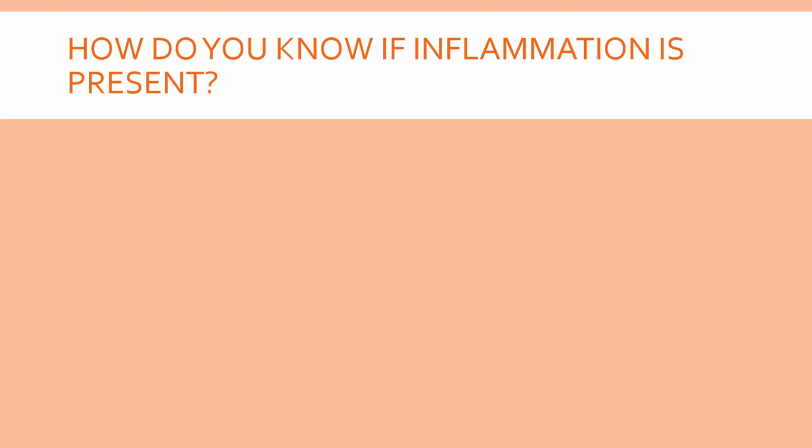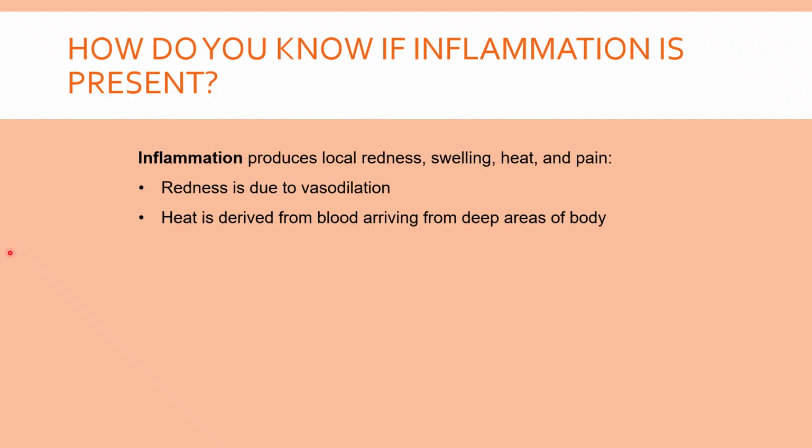So how do we know if inflammation is present? Well, inflammation is going to produce 4 cardinal signs, and that includes local redness, swelling, heat, and pain. Tissue injury is going to result in the release of paracrines like histamine and other inflammatory mediators from mast cells.